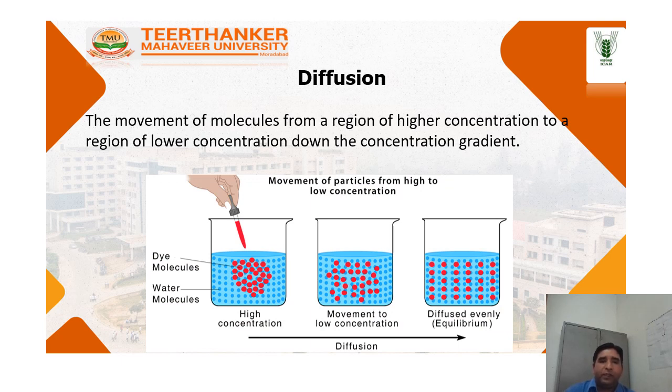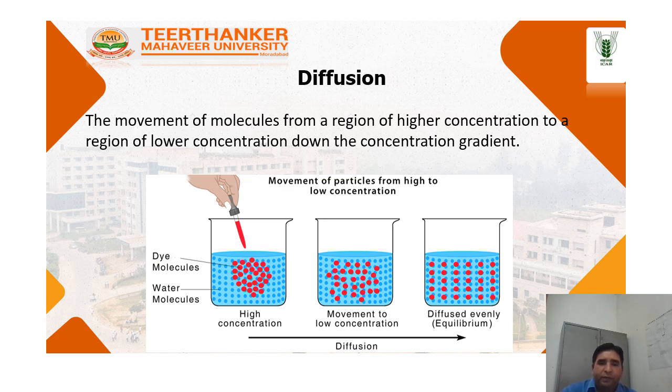Firstly, diffusion. The movement of molecules from a region of higher concentration to a region of lower concentration, down the concentration gradient, is known as diffusion. Here we can see that when we drop some molecules of dye, the concentration of dye in different parts of this beaker becomes different.